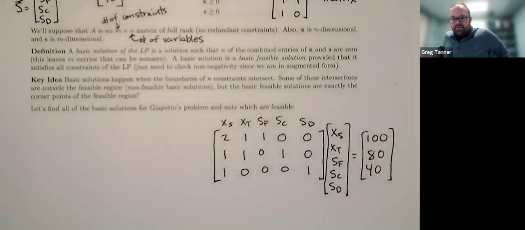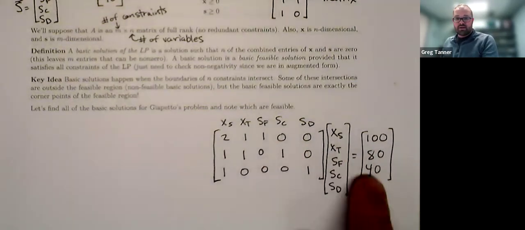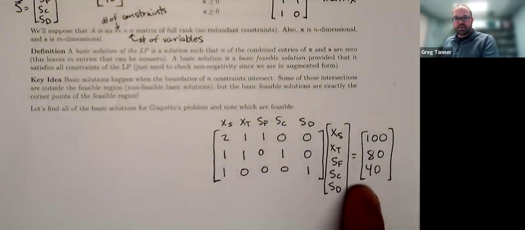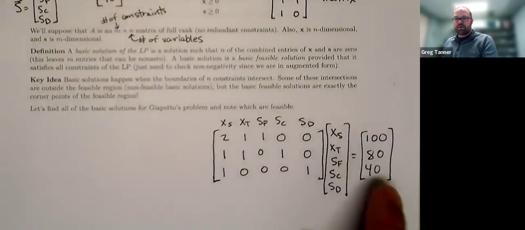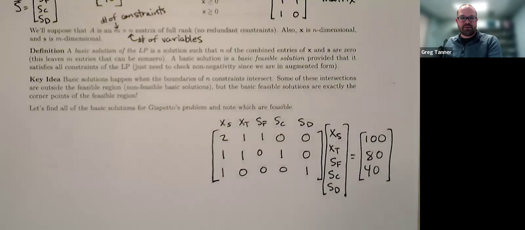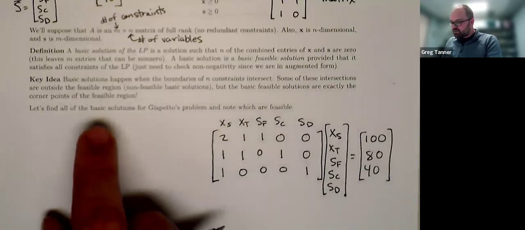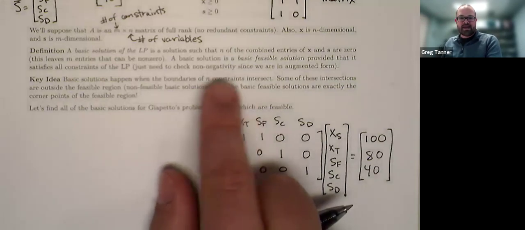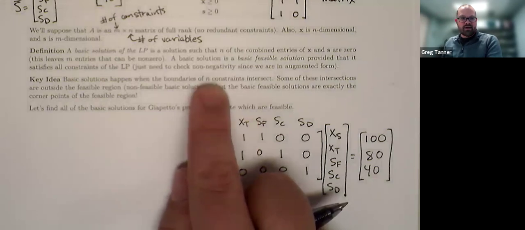So this is essentially our constraints in augmented form. If we find a solution to this system that has, in this case, 2 of them be 0 and 3 of them be non-zero, then that's what we call a basic solution. The key idea of why we're interested in these basic solutions is that basic solutions happen when exactly n of the constraints intersect.